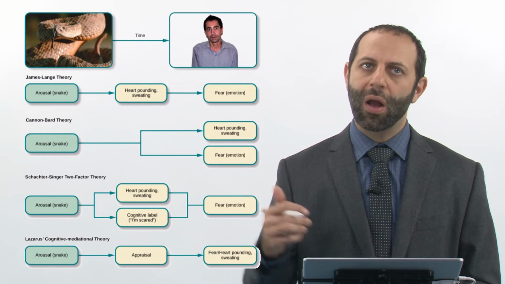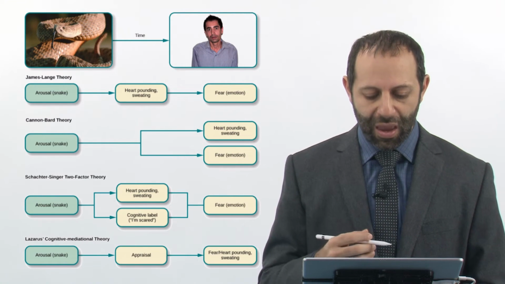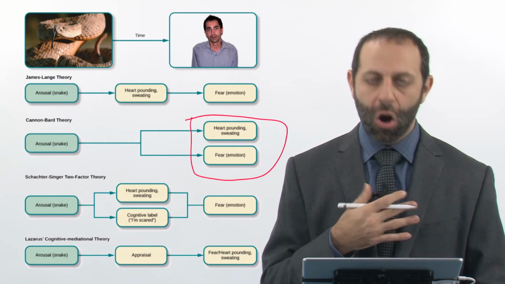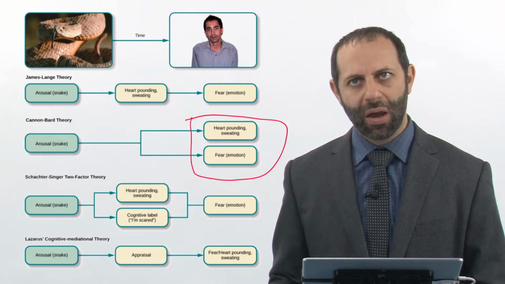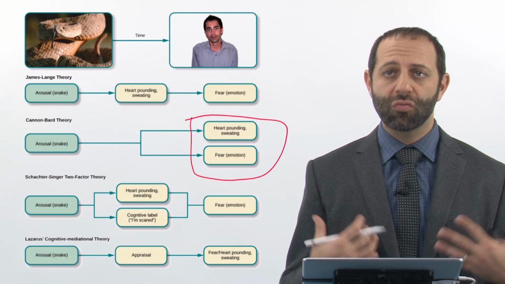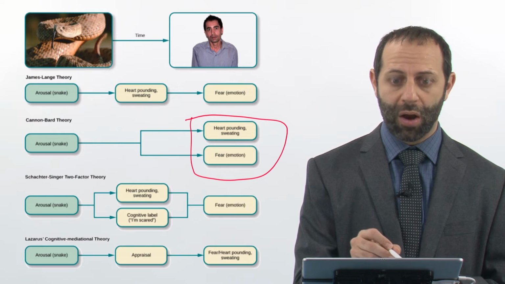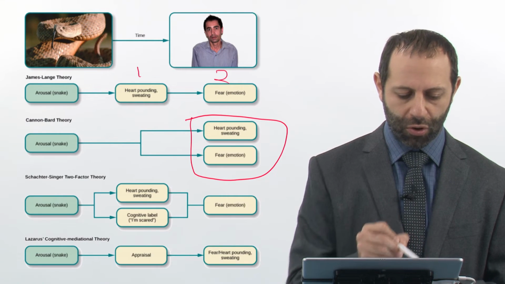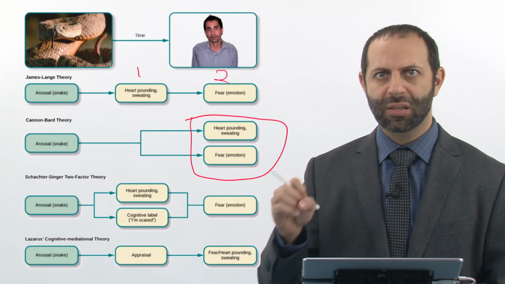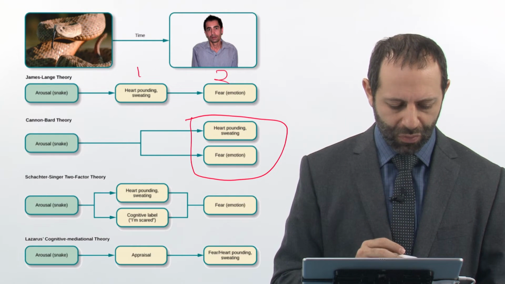So right away, once I see the snake, the information is sent over to my central nervous system, and at the same moment, my heart begins to pound, I may sweat, I might have other physiological effects, and the fear is registered within that same moment, as opposed to a two-step process, 1, 2, for James-Lange. Cannon is a single experience. That's a good way to remember it. It's a cannon. It just happens all at once.